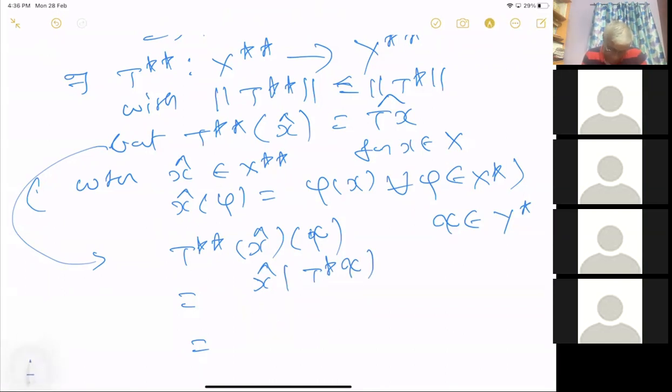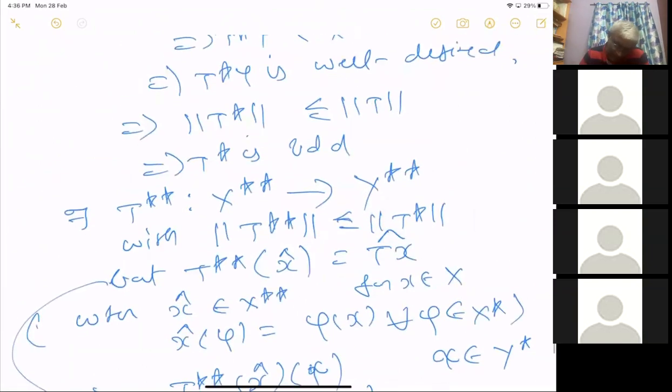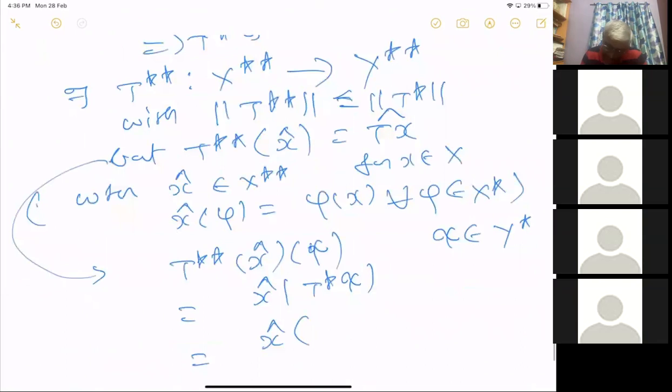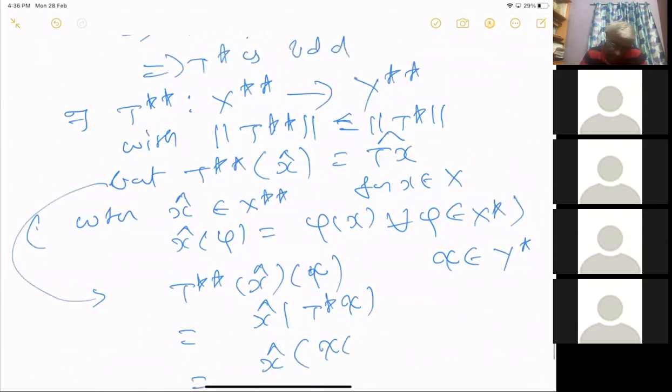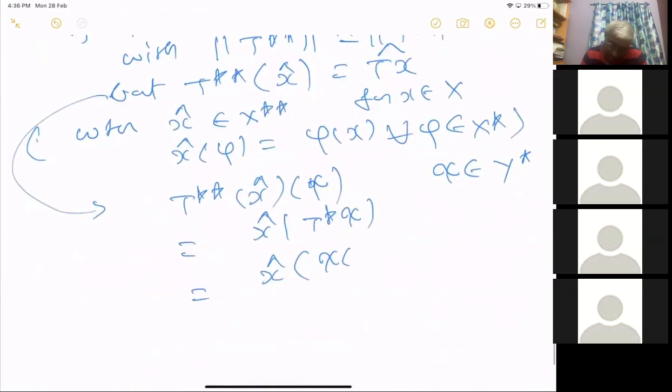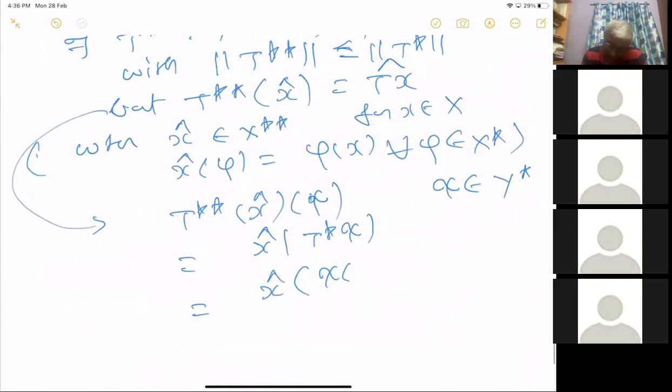So by definition, x hat of T star of chi, and we have just written it here. T star of chi means chi of T... no, there is no T star.